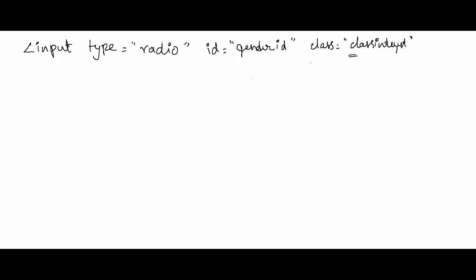So ID, class we have given. Then the important thing we want to use particularly for this radio is name. We can use it for all tags, but this is the main usage of radio.